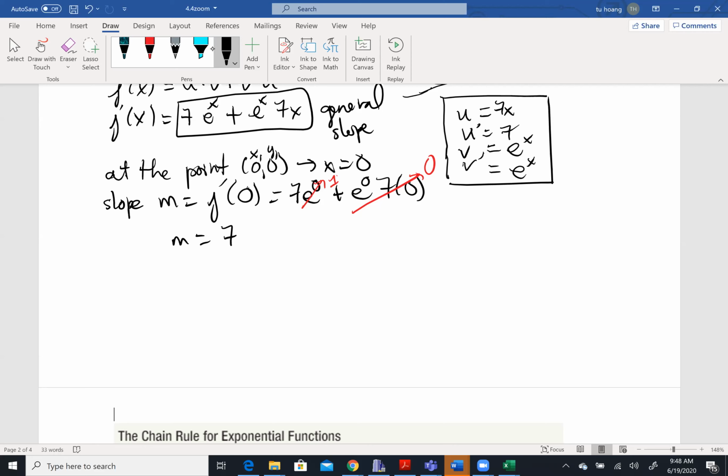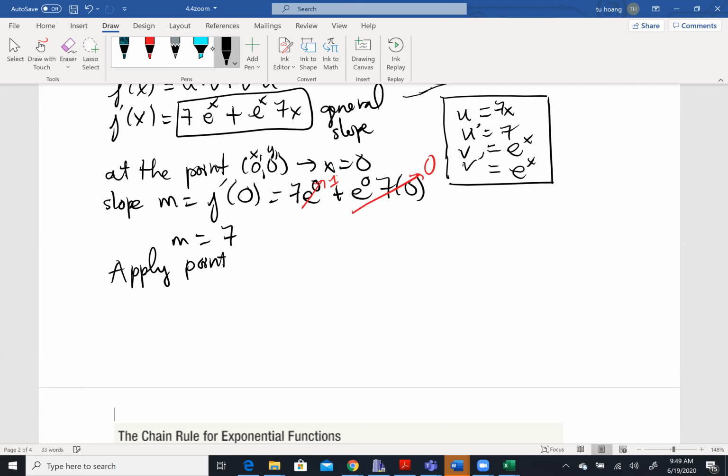And now I will have to apply a point and a slope into the point slope formula in order to find the equation of the tangent line, right? So I'm going to apply the point.